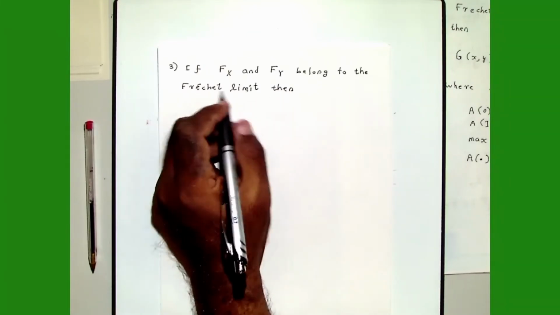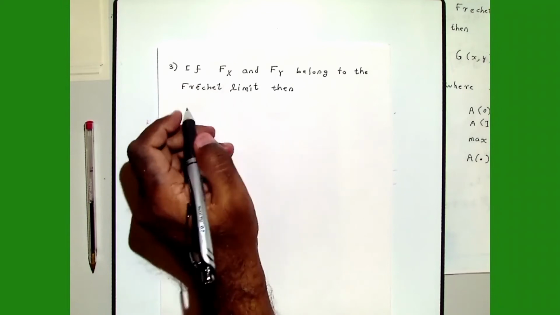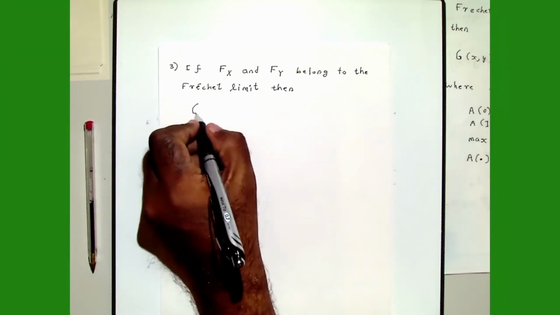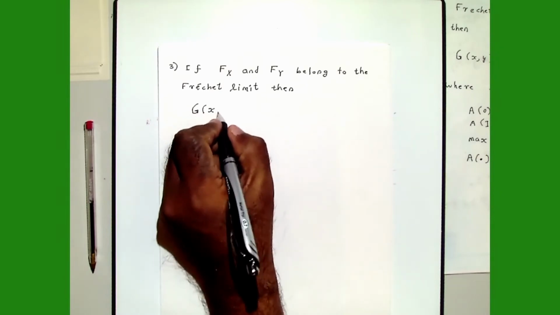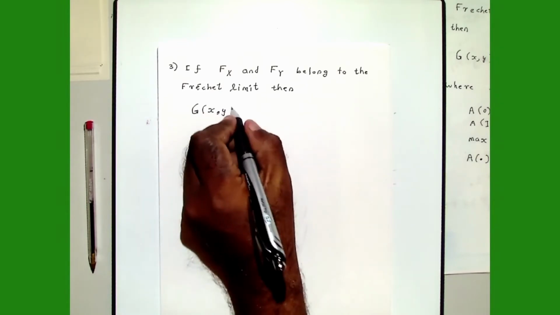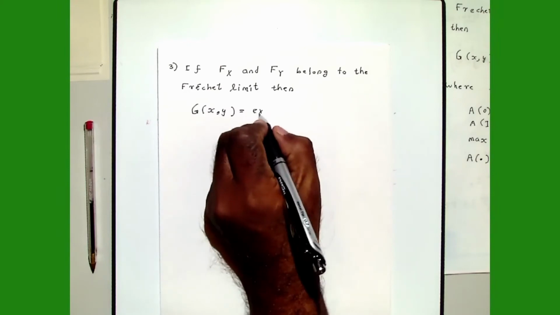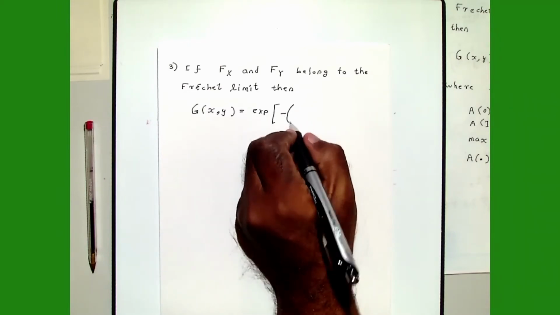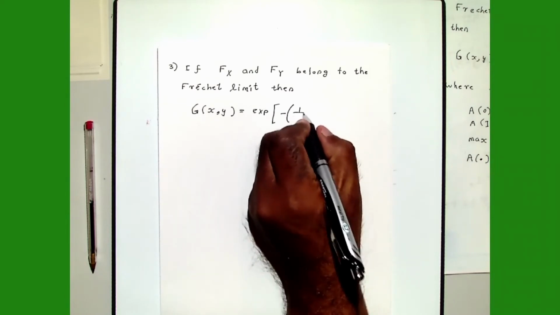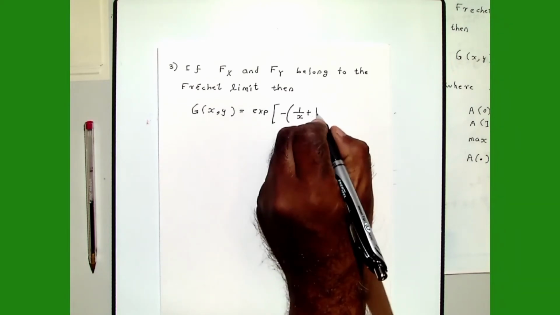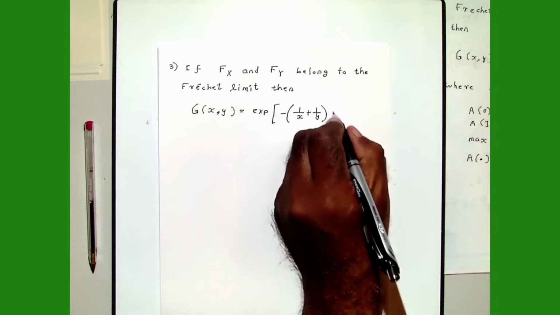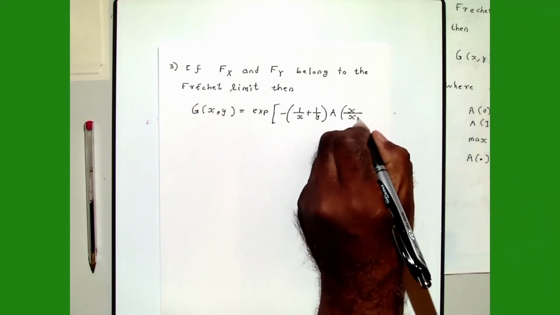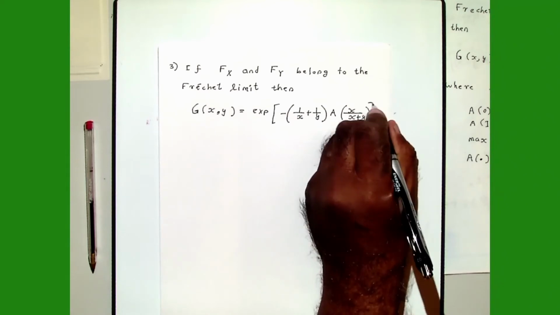And so here the 2 margins of the data belong to the Fréchet limit. In this case, the possible forms for G can be expressed as follows.